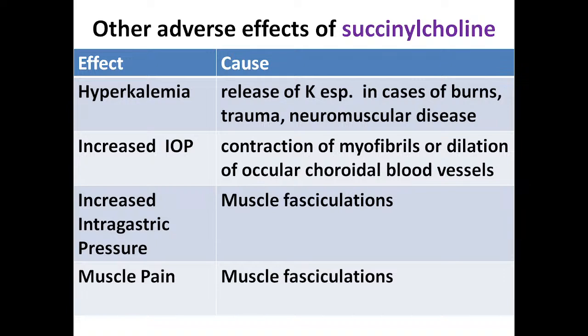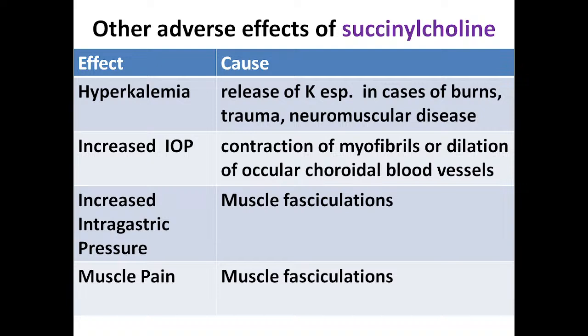Especially in these patients, if you are giving succinylcholine, there can be an increased release of potassium from the muscles because there are more of these receptors. So especially for these patients, we avoid succinylcholine, or if at all we use it, we have to use very low doses.